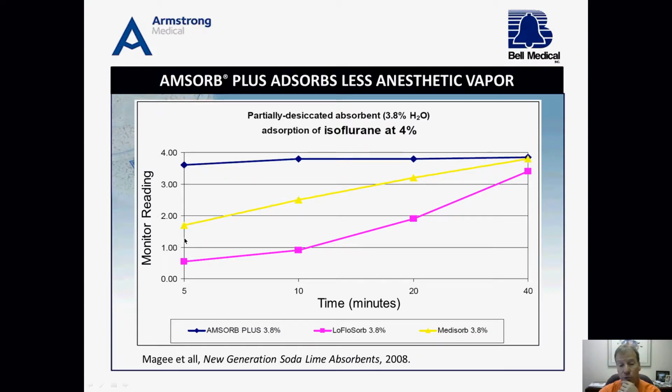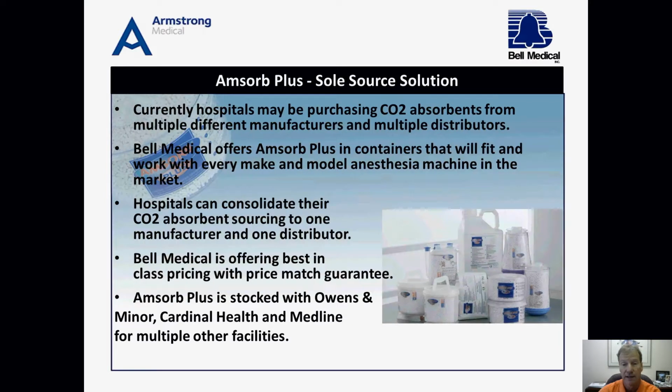With Medisorb, within 5 minutes, they're not even at 2%. At 10 minutes, they're at 2.5%. At 20 minutes, they're at 3%. So it's not for 40 minutes till they equilibrate and get to the 4% that the clinician dialed in. With low flow Absorb, which is another competitive product, it even takes longer. So adsorption is a key factor to be aware of.